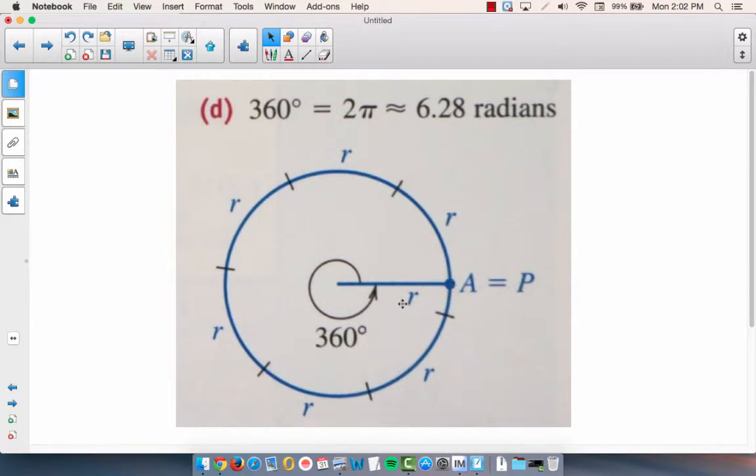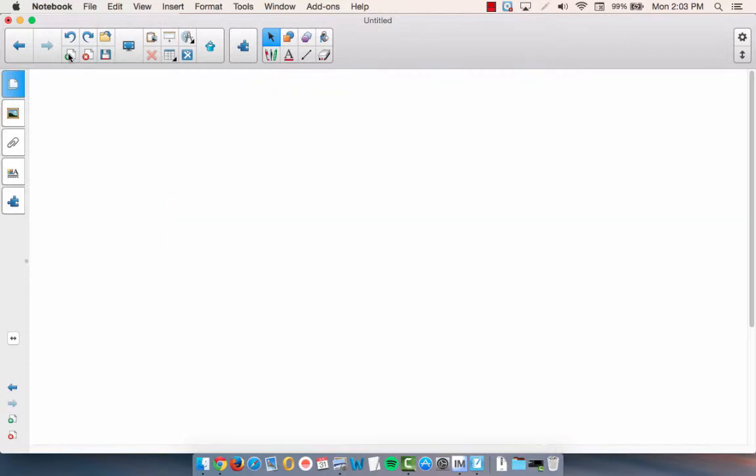So that's going all the way around the circle and measuring that angle in radians. If we go back to that conversion factor that I wrote, pi equals 180 degrees. When we're talking about measuring angles in radians, we can say pi radians is 180 degrees. That's a really important idea.